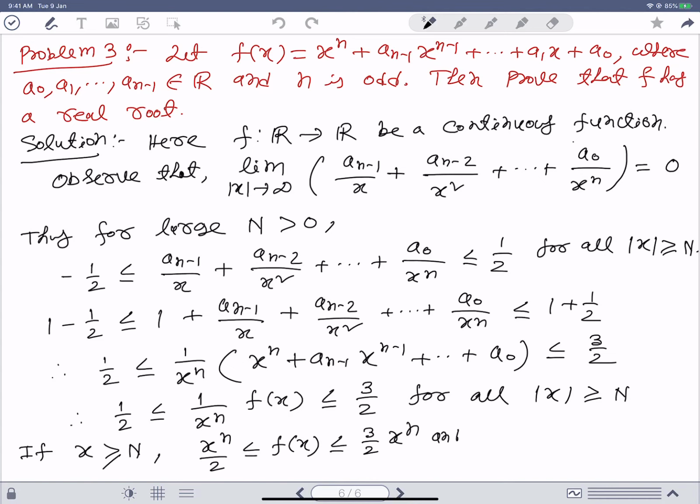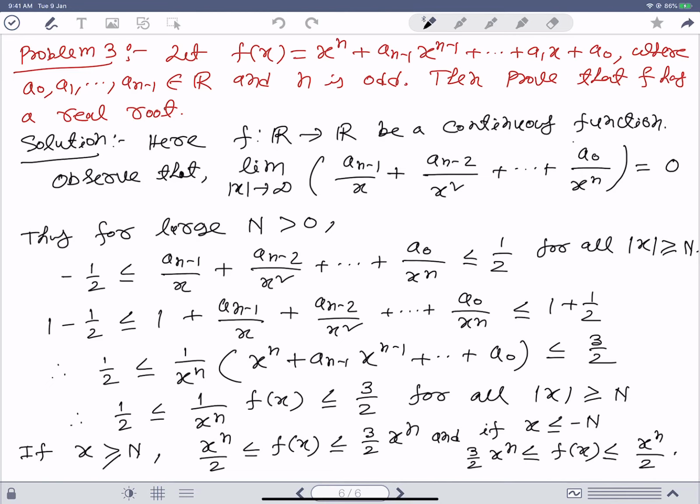And if x is less than or equal to -N, that means x is negative, then you can write (3/2) x^n less than or equal to f(x) less than or equal to x^n / 2, right?